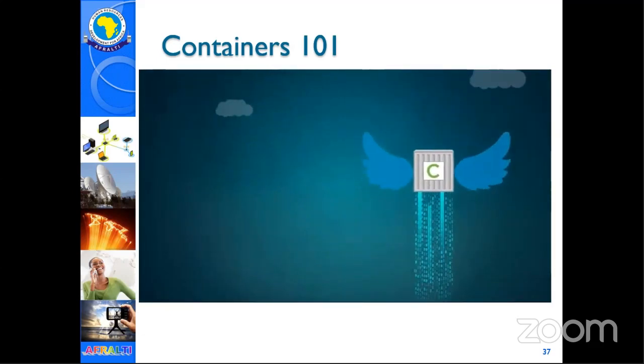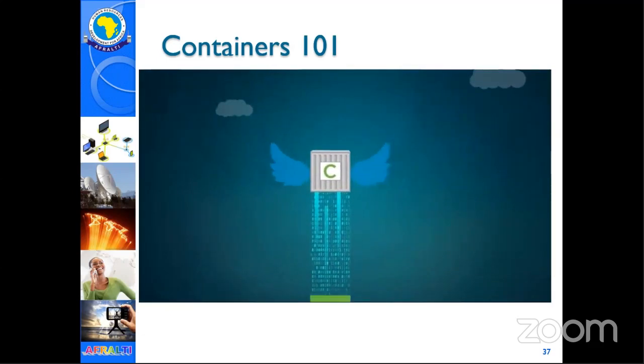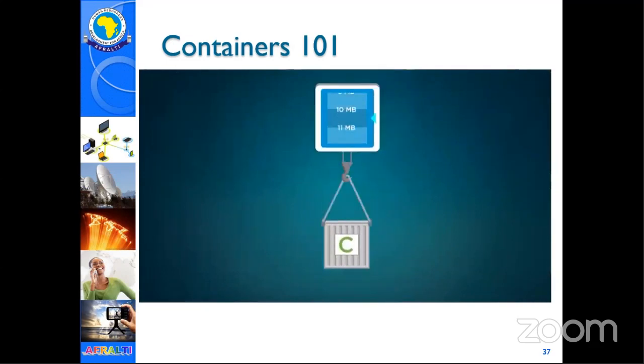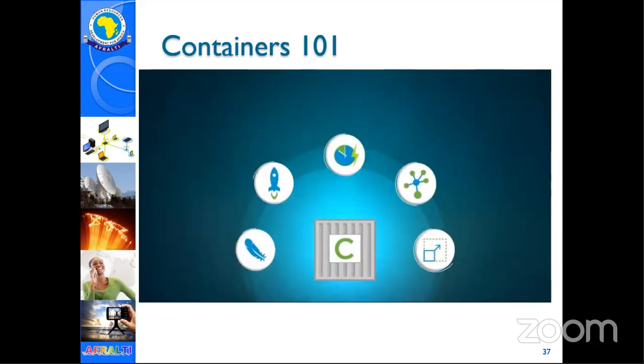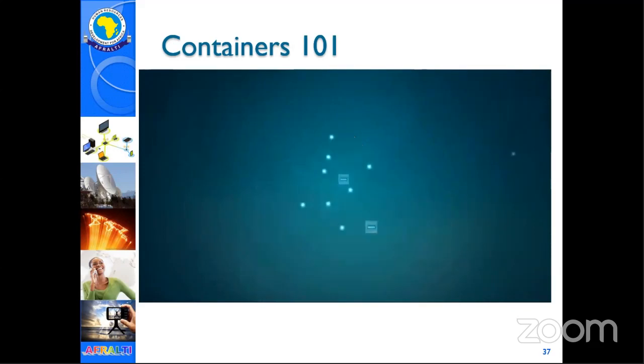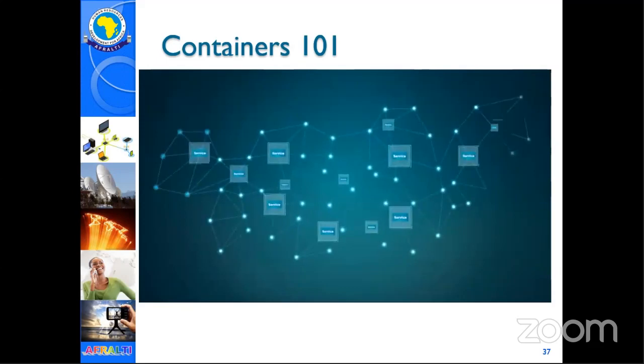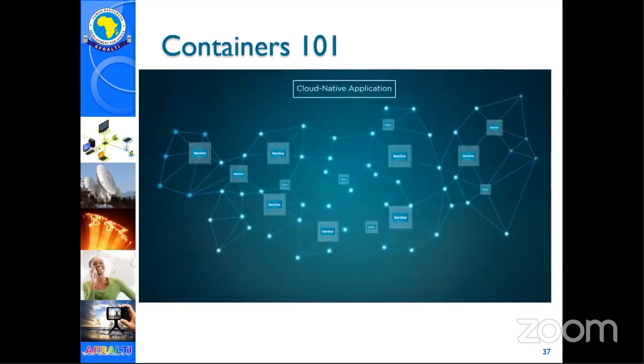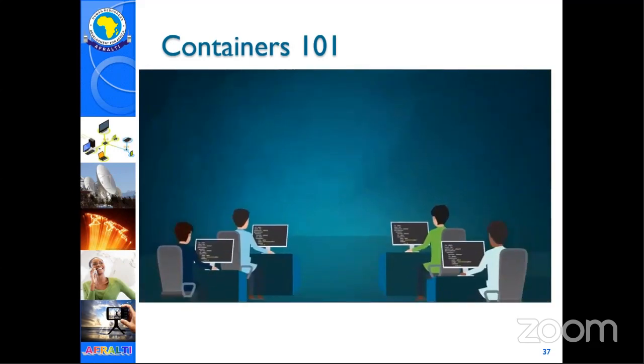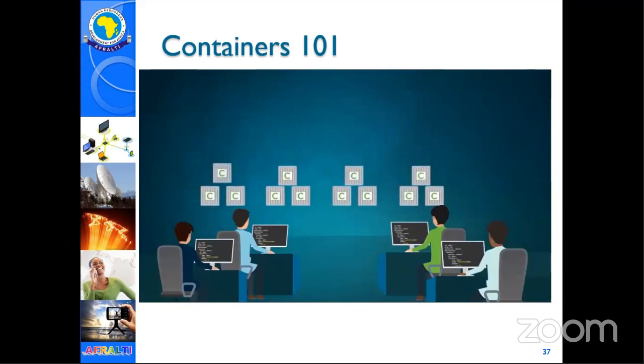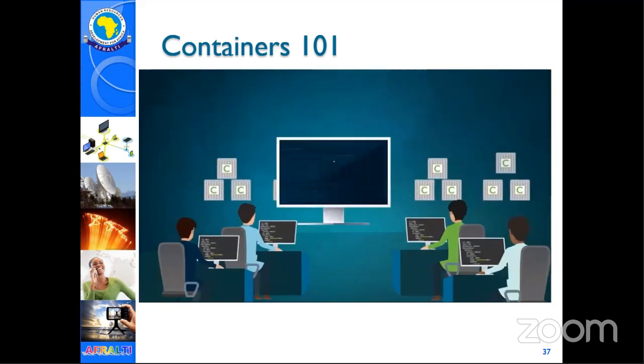Besides being readily portable, containers are also very lightweight and super fast. A container may only be tens of megabytes in size, and containerized applications can be started almost instantly. Due to these characteristics, containers serve as the basis of enabling the decomposed microservices-based architecture of cloud-native applications. As more containers are used, enterprises need orchestration tools to help them run these containers.